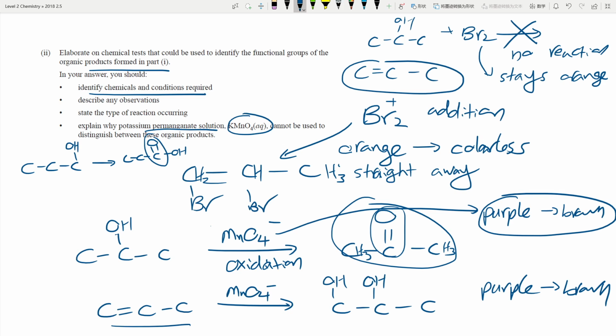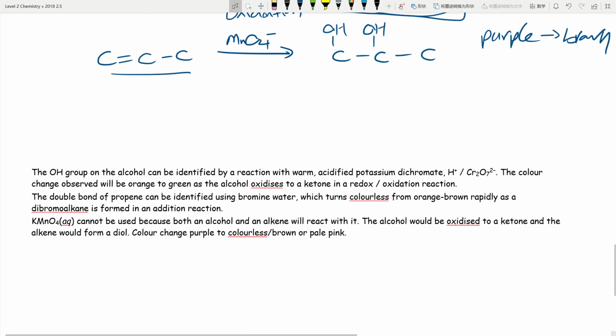It is not a suitable reagent because the alcohol and the alkene will both be oxidized, and then you can see a color change from purple to brown. Therefore, it is not a suitable reagent to distinguish it. Now, I'll emphasize this again, you do not need to draw the products of this particular reaction because that is year 13. Okay, so don't worry about it.